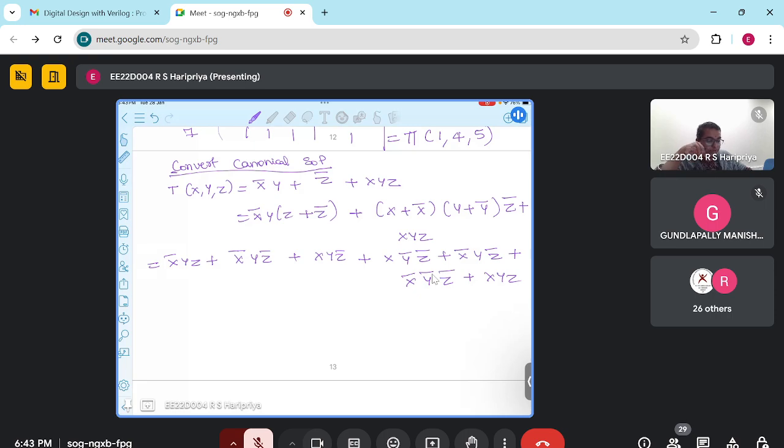So now you can see each and every term has all the variables either in the complement or uncomplement form.